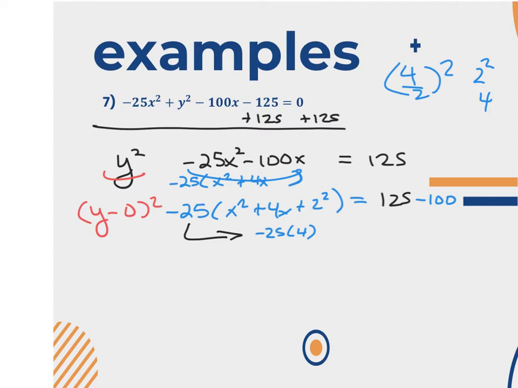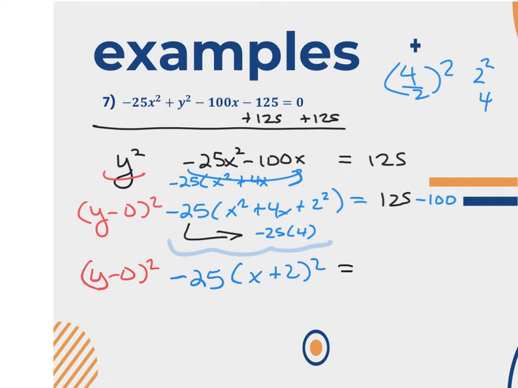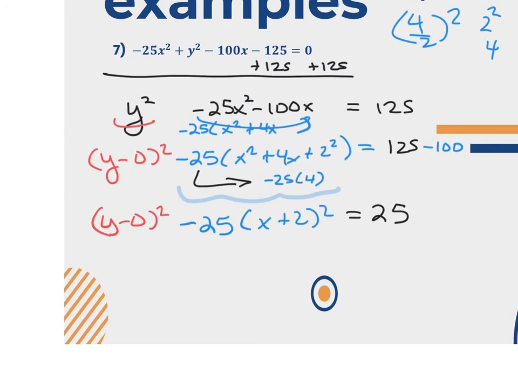I now need to factor the blue. So this will turn into negative 25 times x plus 2 squared. Drop down the y minus 0 squared. And set it equal to 125 minus 100 is 25. I need to make my equation equal to 1.